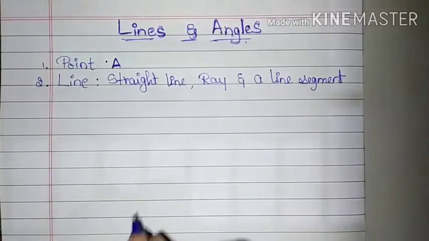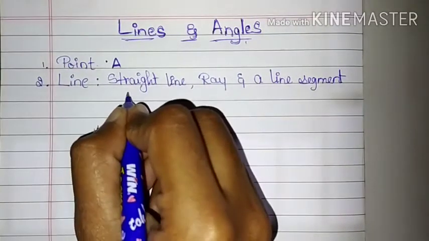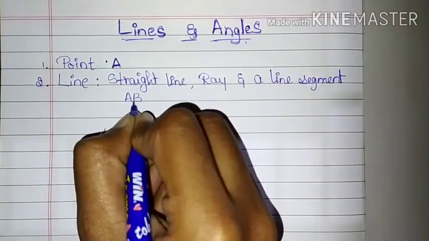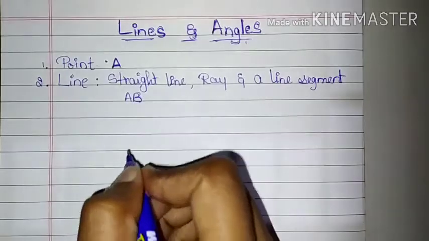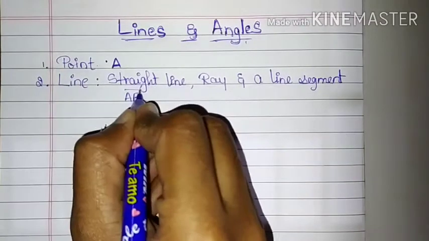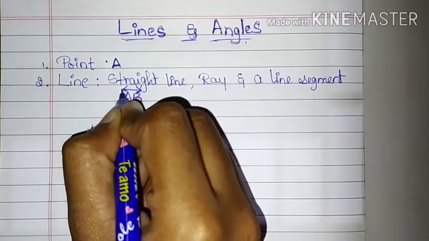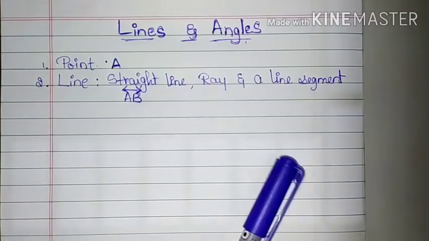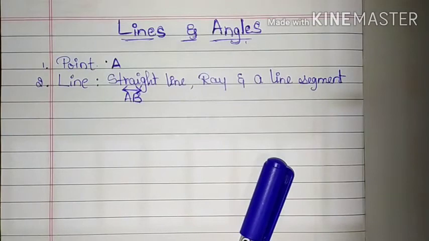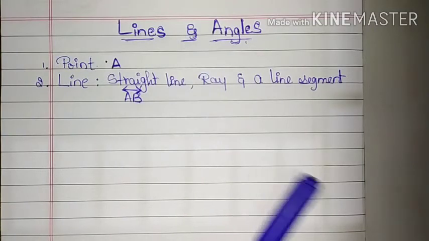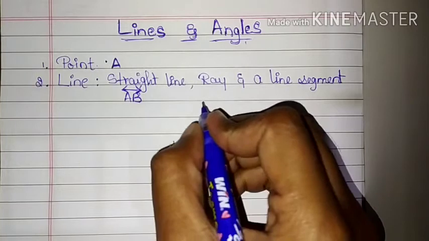We also learned how they are labeled. If a line AB is present, then it is labeled as AB with a bar on top which has two arrows at both the ends. Both the arrows represent that the line can be extended in both directions.